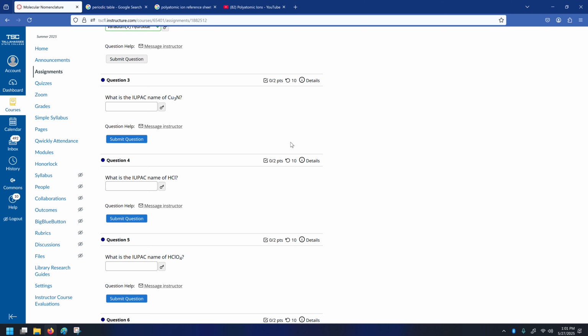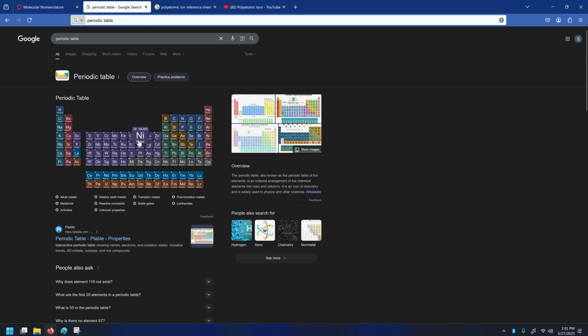So we are going to figure out first what the charge of those things is. Copper is in the transition metals. It's this section in the middle of the periodic table, which means it has a variable charge. We'll need to use a Roman numeral with it. Whereas the nitrogen is a nonmetal, it has a predictable charge. You just count the number of spaces away, 1, 2, 3, minus.